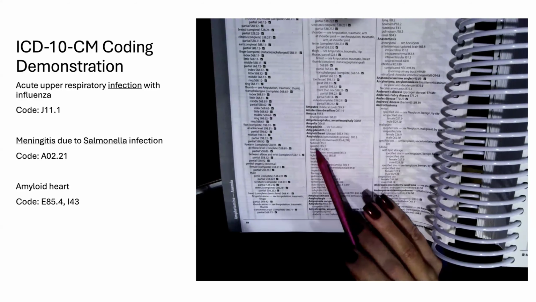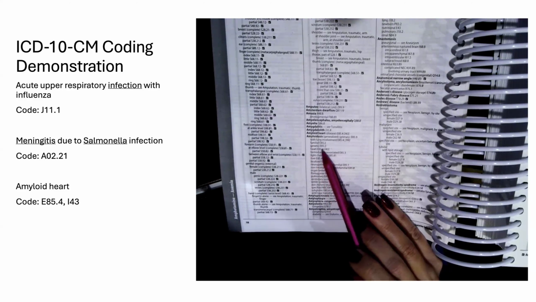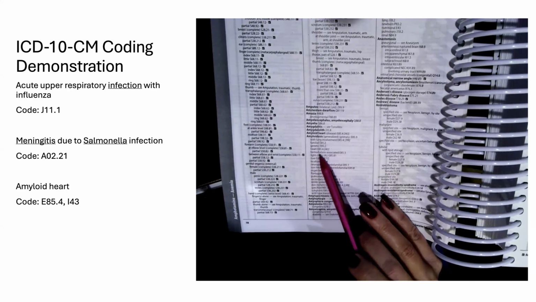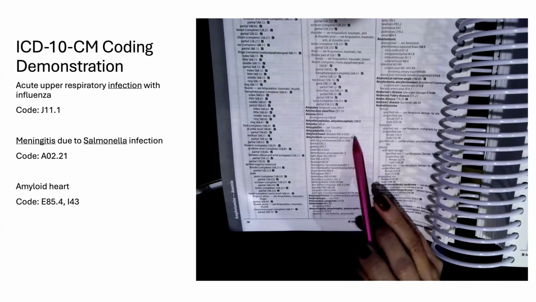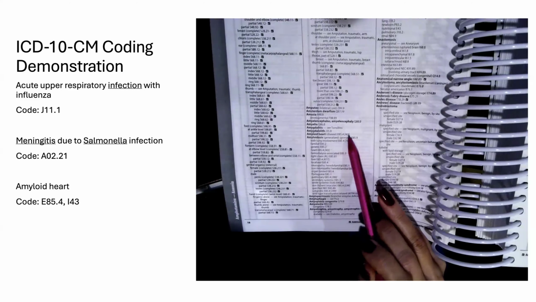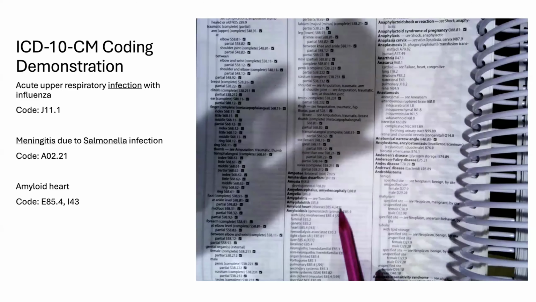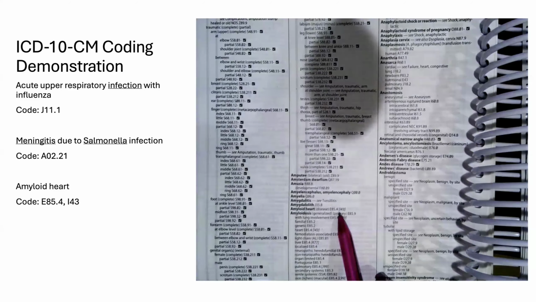And you'll notice that also, if we use amyloidosis in heart, that leads us to the same thing. Again, a word of caution about your letters and numbers. This is actually an I43, not a lowercase L. So the book uses capital letters.